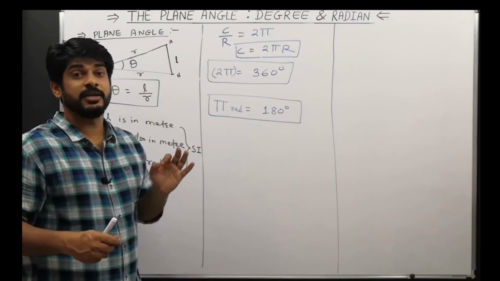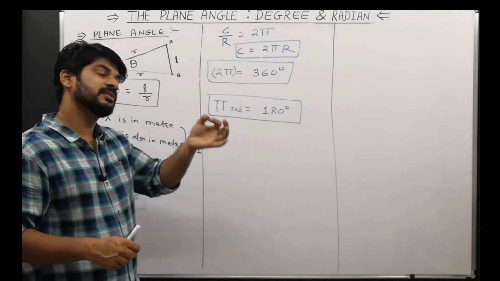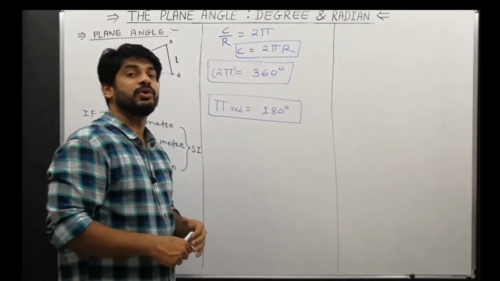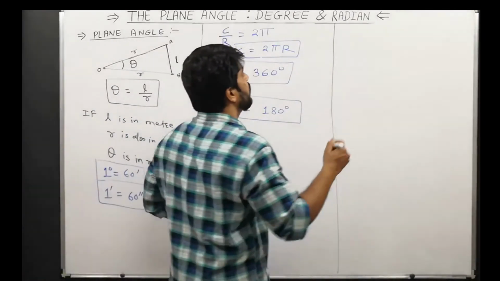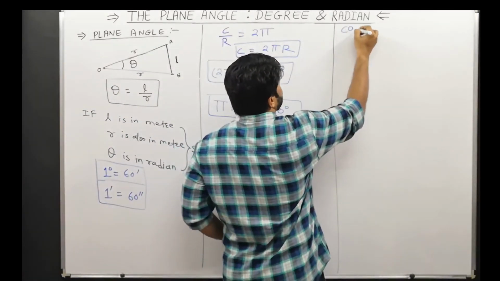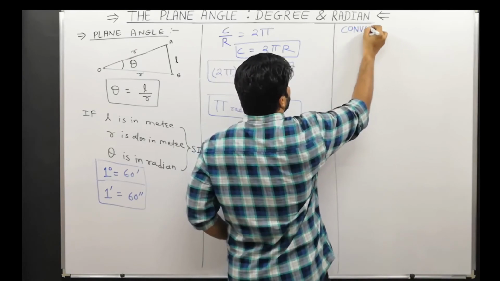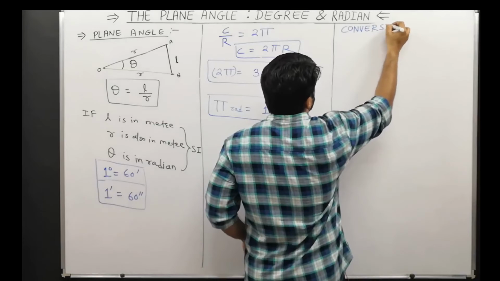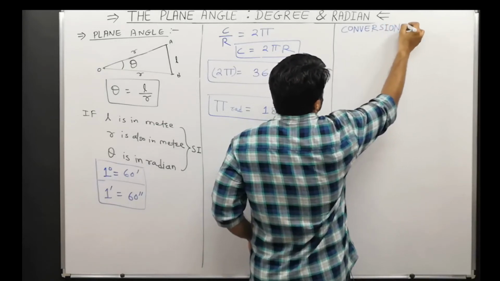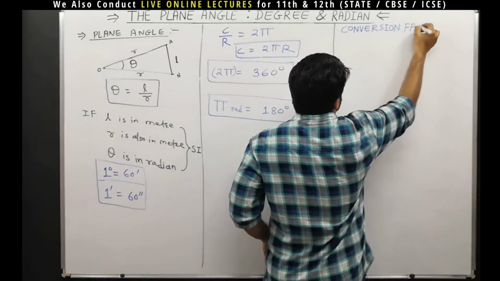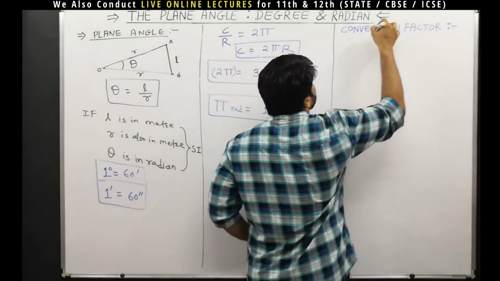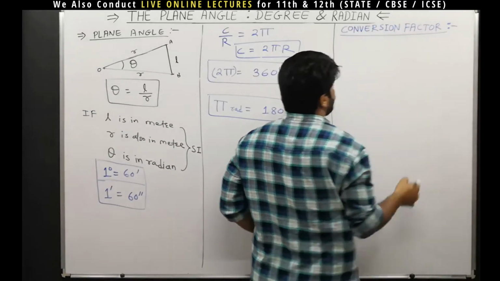So let's see what the conversion factor is. What we will do is convert 1 degree into radians, 1 minute into radians, 1 second into radians, and we will do the vice versa also.